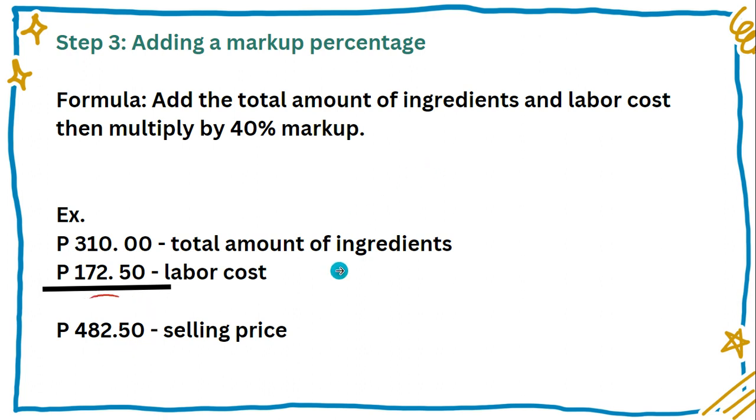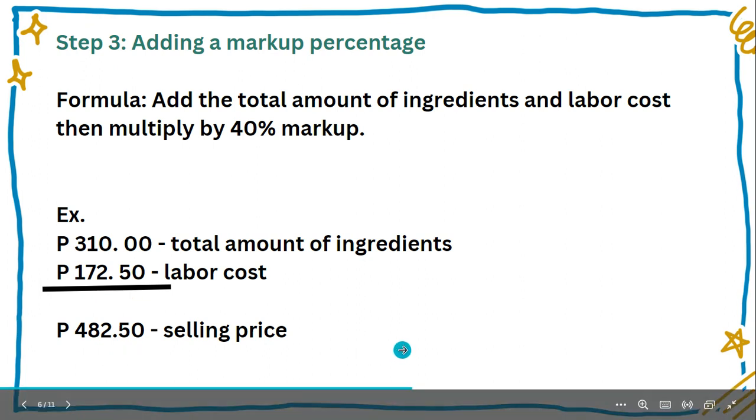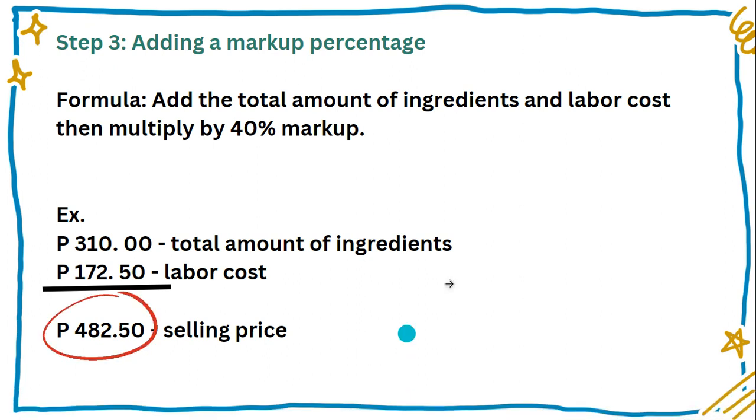So written here, 310 pesos is the total amount of our ingredients in making the pastillas. And 172 pesos and 50 centavos is the amount of labor costs. Children, you're just going to add step 1 and step 2. When we add these two, it equals 482 pesos and 50 centavos.